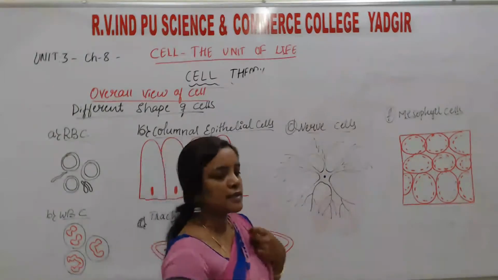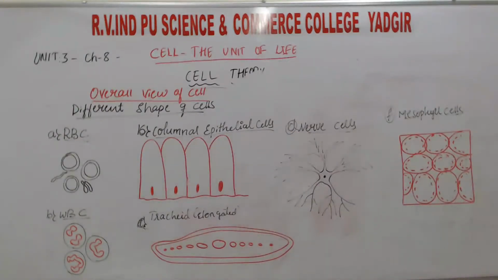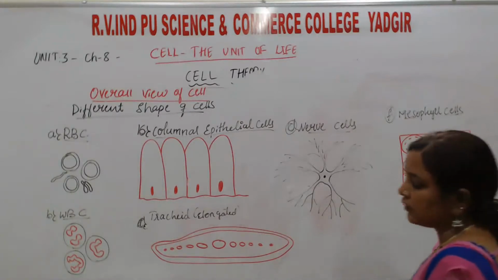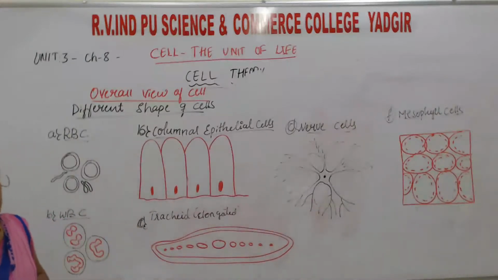Okay, different cells are of different shapes. So if we see the smallest, longest and all, again we will go for the next, that is prokaryotic cells.